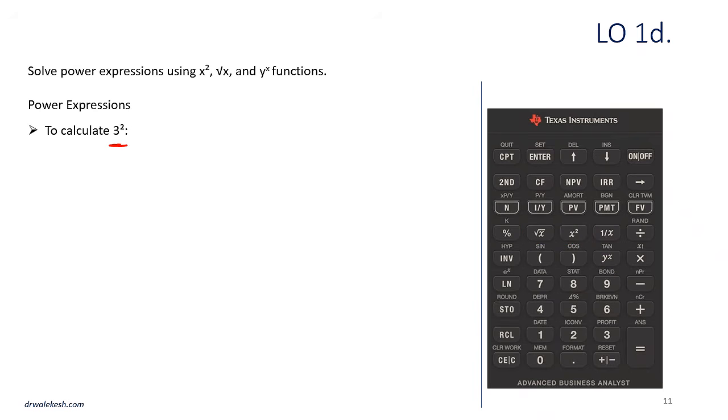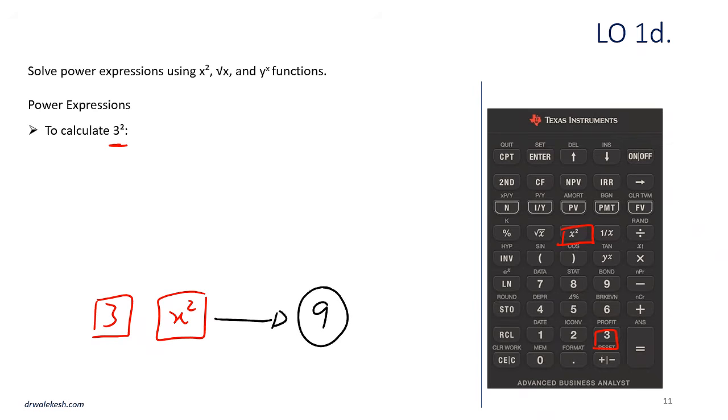To compute 3 raised to power 2, what do you need to do? You would press 3. Upon pressing 3, then you would press x squared. I expect you to get 9.